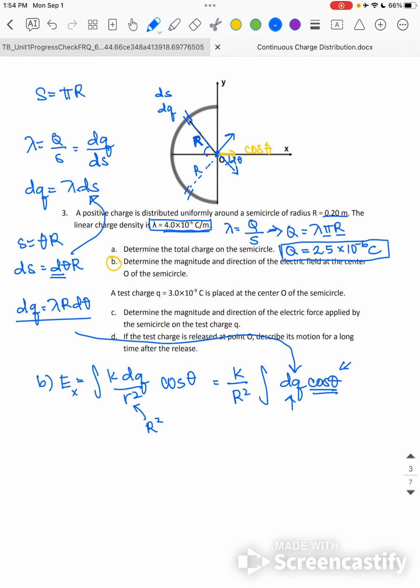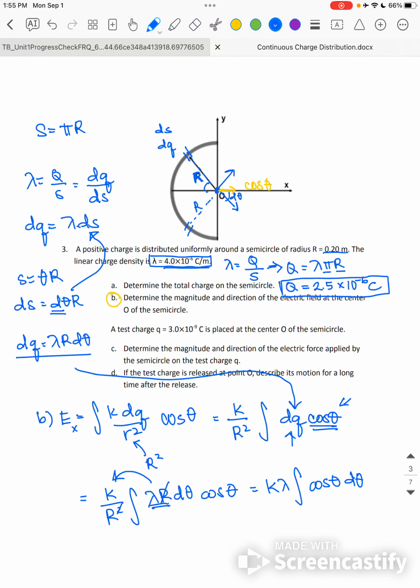So now I have k over r squared, the integral of lambda r d theta cosine theta. Both of these are constant, so I can pull those out, and in fact the r reduces. So I've got k lambda and the integral of cosine theta d theta.